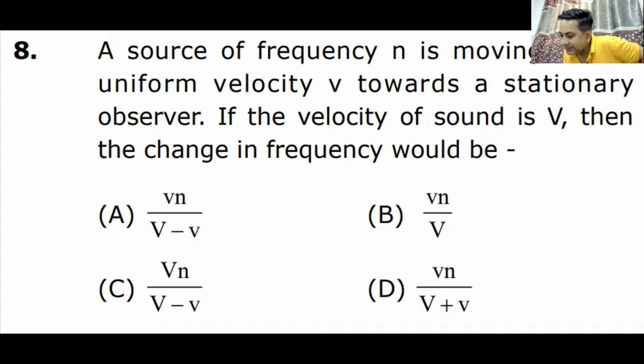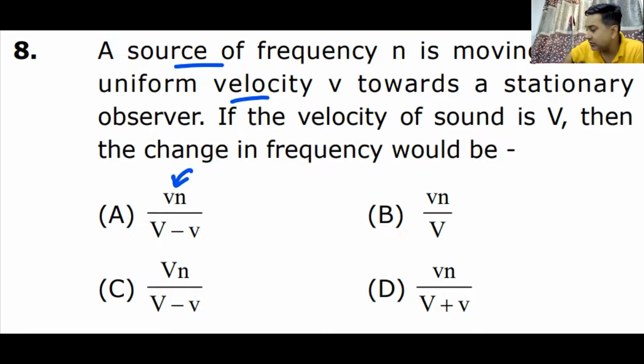That means this is case number 1. Yes or no? And the option is not A. In option A, we have small v. Small v here is the velocity of source. Capital V is the velocity of sound.